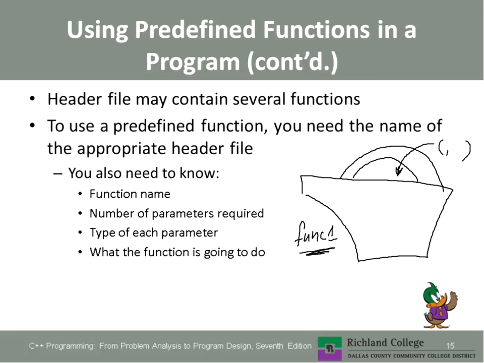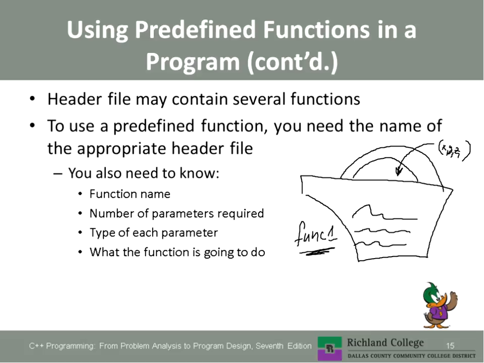We need to have the parameter list. Where is the parameter list? It's between parentheses, and the parameter list items are delimited by commas. So X, Y, Z. In this case, I have 3 parameters because we list these parameters by delimiting with commas.